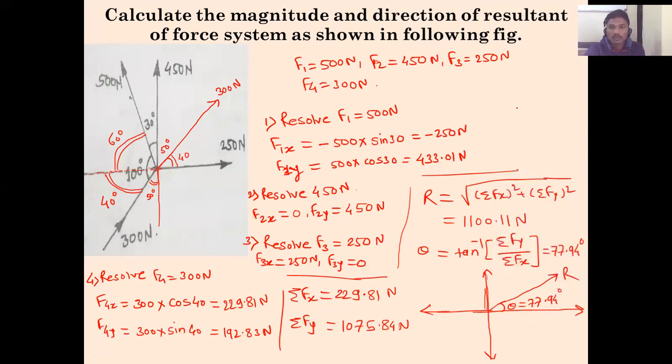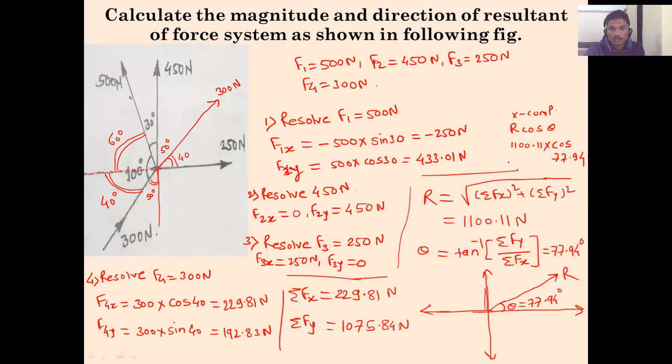What is the value of r? The x component will be r cos theta. Okay, r cos theta. The value of r is how much? We have found out 1100.11 into what is theta for the resultant? 77.94.